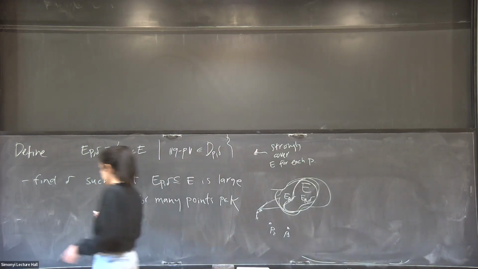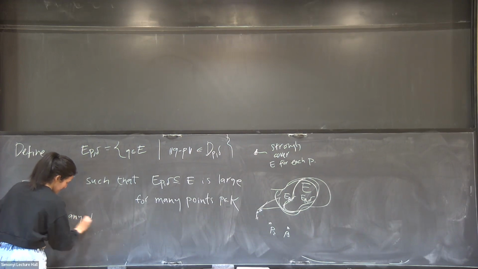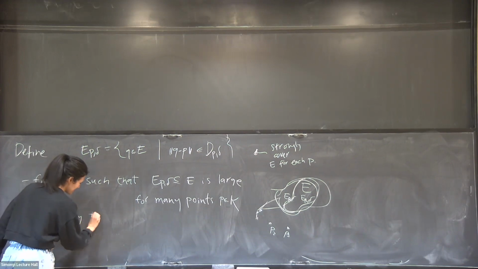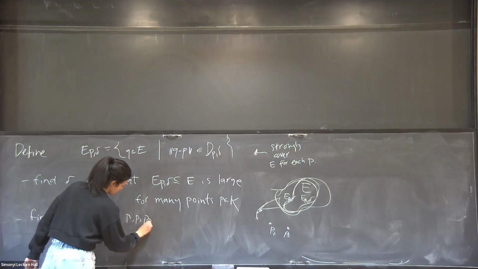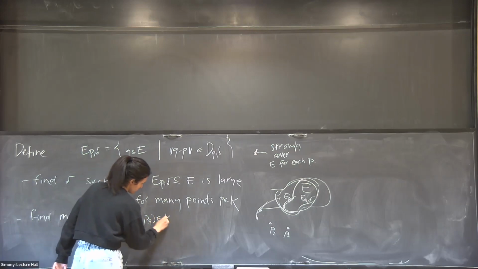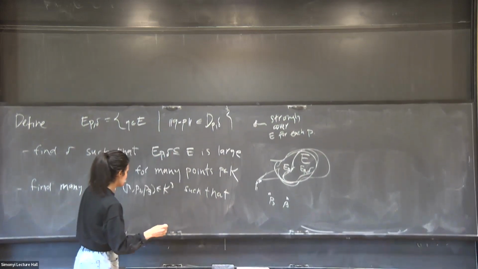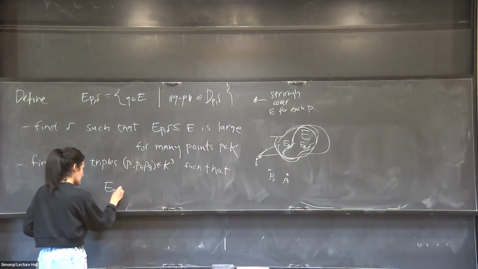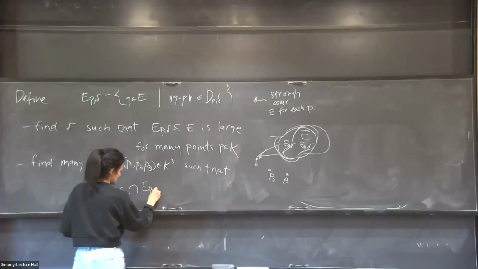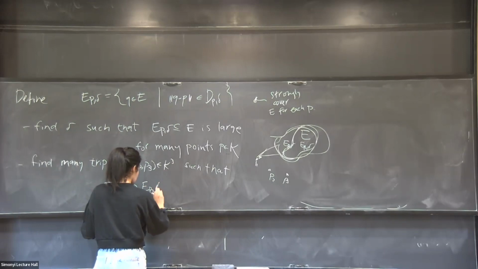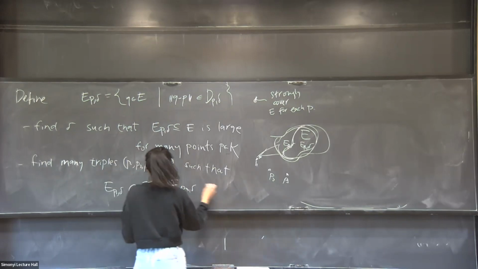We find again many triples, P1, P2, P3, and K2, such that EP1 delta intersected with EP2 delta intersected with EP3 delta is large.